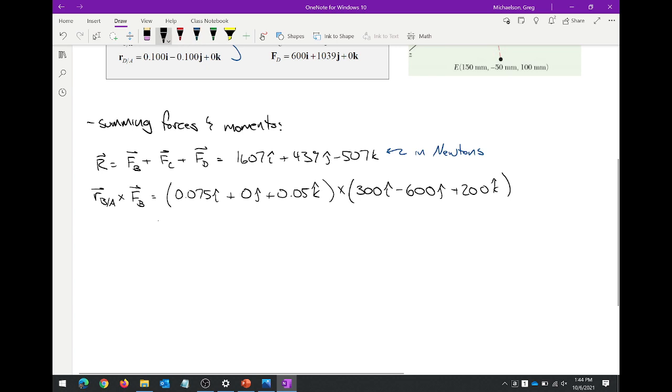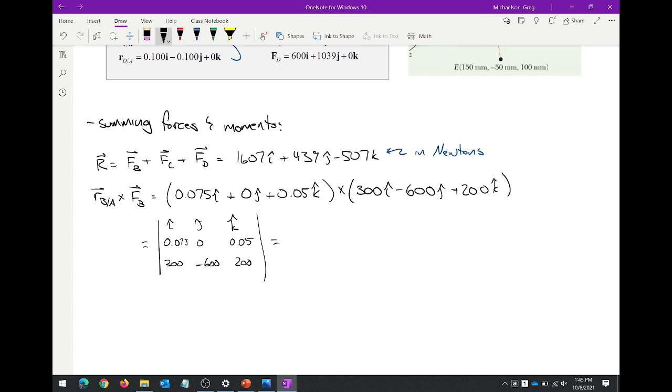So for this first one, all we're going to do is cross R with F. So we write i, j, k, 0, 0.75, 0.05, 300, negative 600, 200. I'm not going to chug this out; I think at this point you all can probably do that on your own.